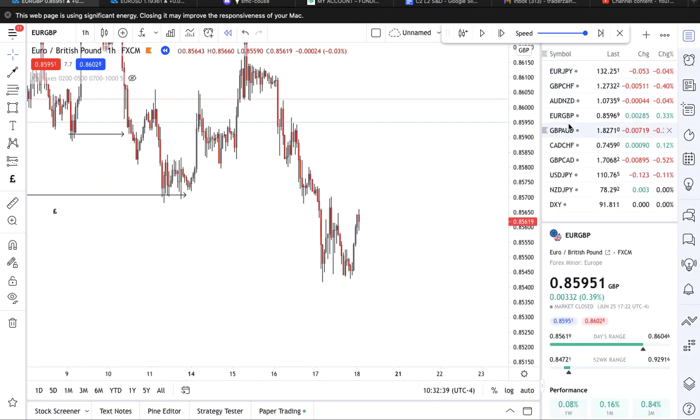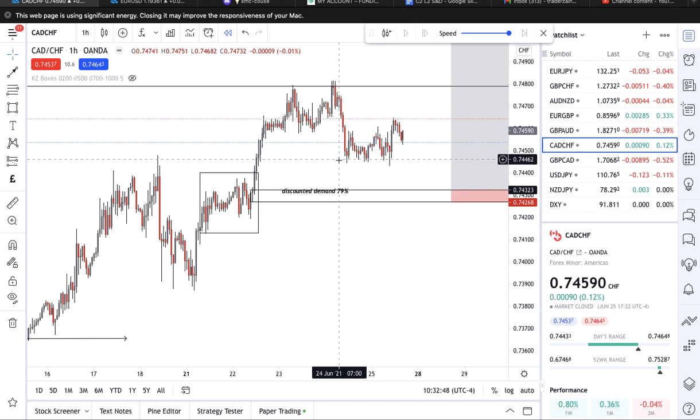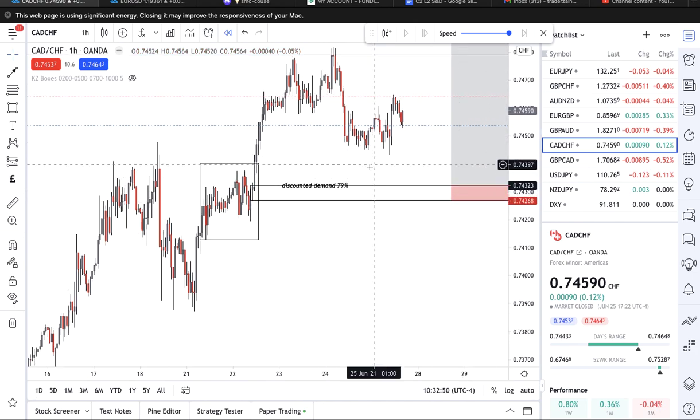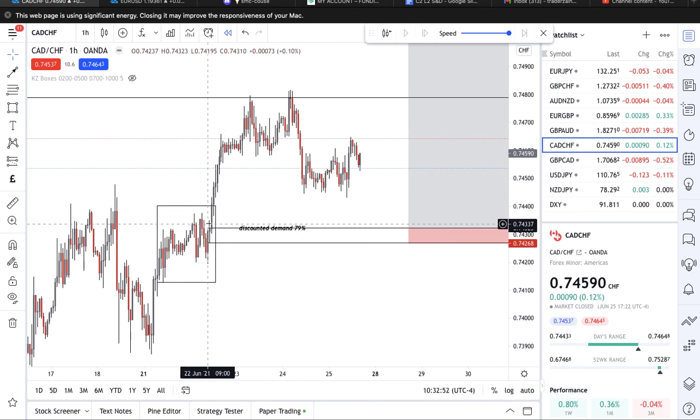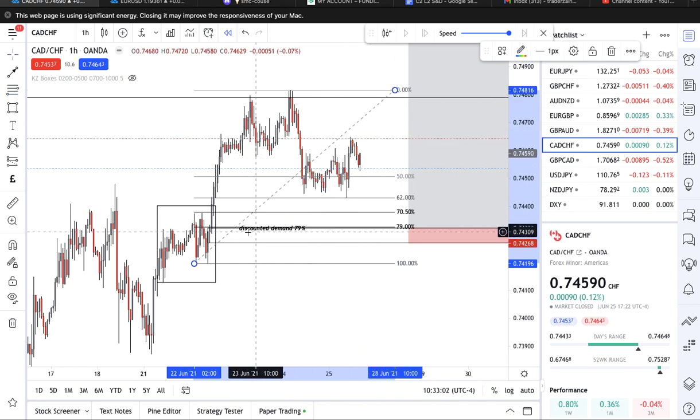And let's go for one more example. CADCHF, do we have anything for that? No, I didn't take a trade yet, but I'm looking at this setup. Why am I looking at this setup? Simple. We have imbalance. We got that break of structure, right? And if we fib it up from the low to the high, what can we identify?